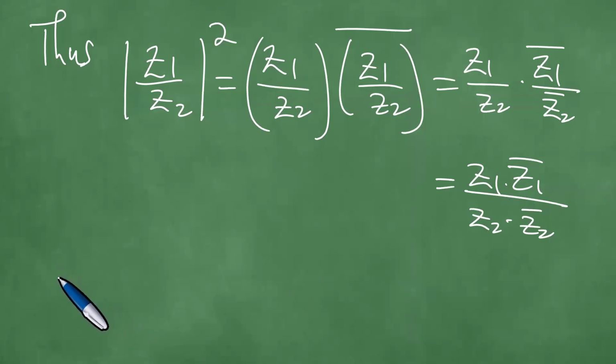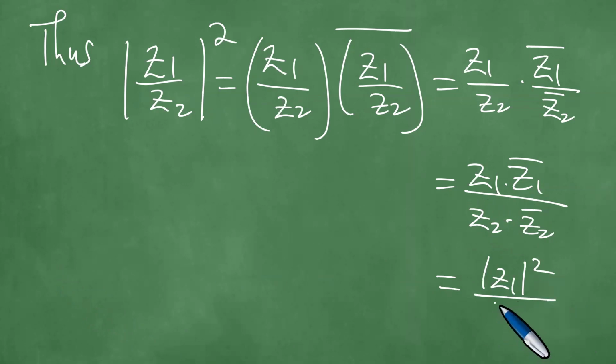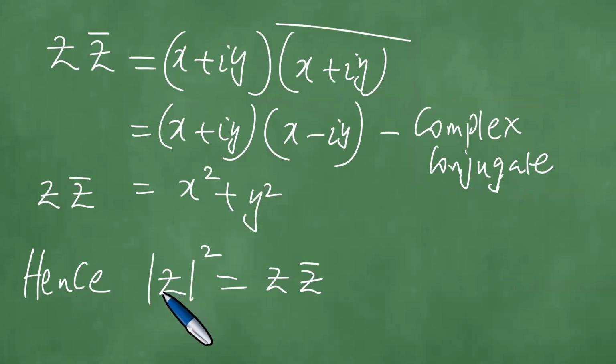Like this. But what is the meaning of this? Now, here, if you have Z1 times Z1 bar, it is the same as what? It's the same as the modulus of Z1 squared, because of this: the modulus of Z squared is the same as Z times Z bar.